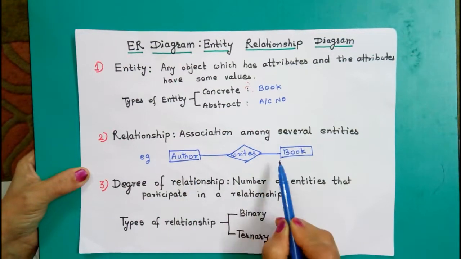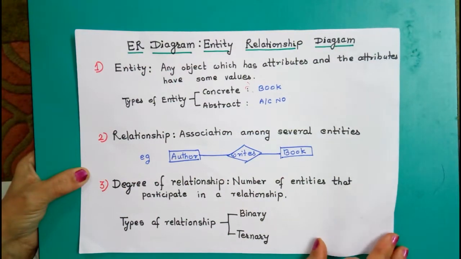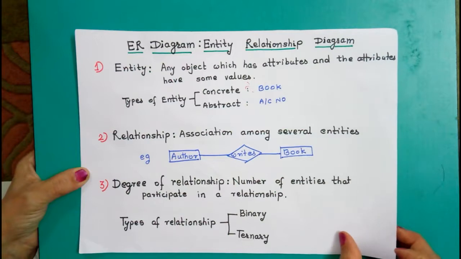So this is the example of binary relationship in which there are two entities. Ternary relationship: the association or relationship in which there are three entities can be called a ternary relationship.